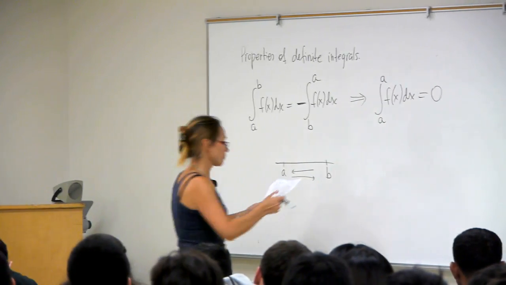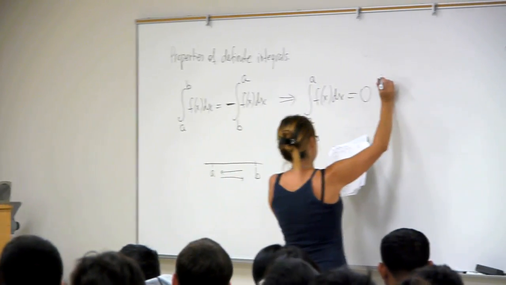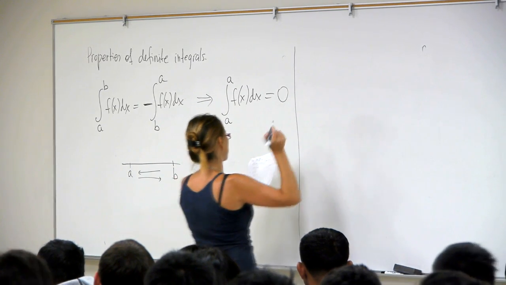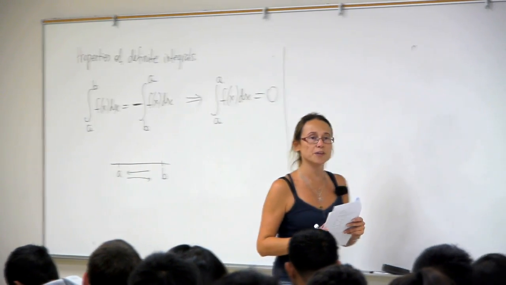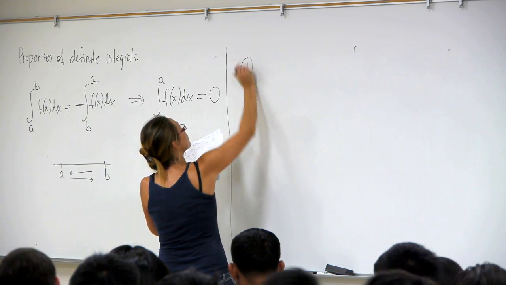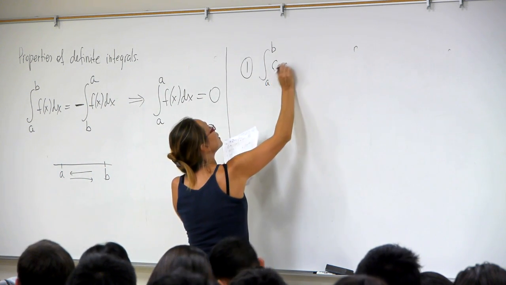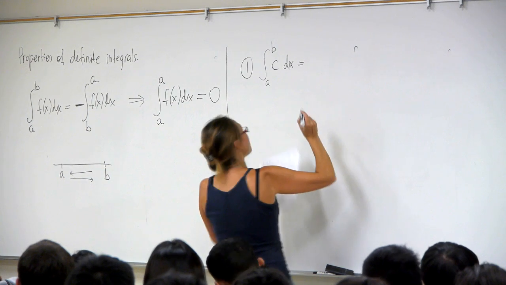Okay. So then let's list a bunch of properties that will help us evaluate very many integrals and Riemann sums too. So property number 1 states the integral of a constant.